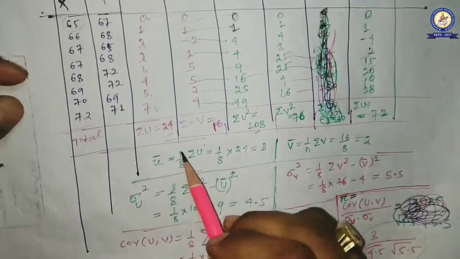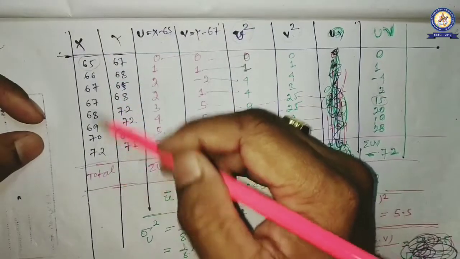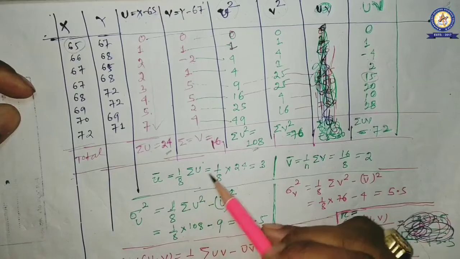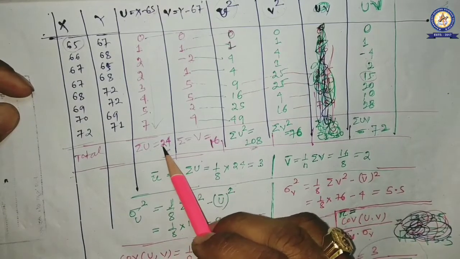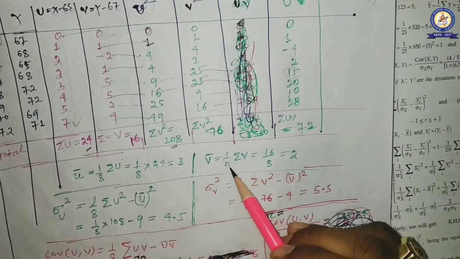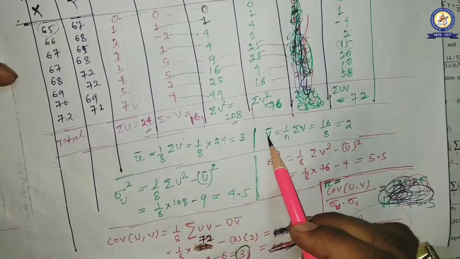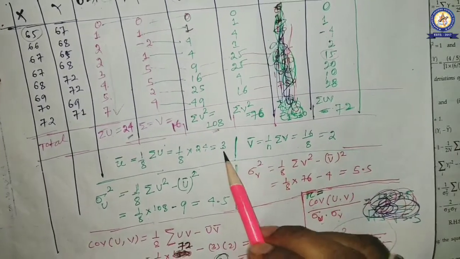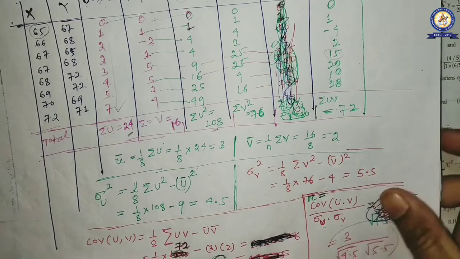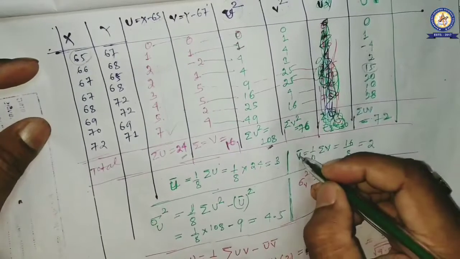First, u mean will be sum of u by the total number of values, so 24 by 8 equals 3. Sum of v by n, that means 16 by 8 equals 2. So u mean and v mean we found 3 and 2. Here by mistake I wrote small u, but it is considered as capital U.